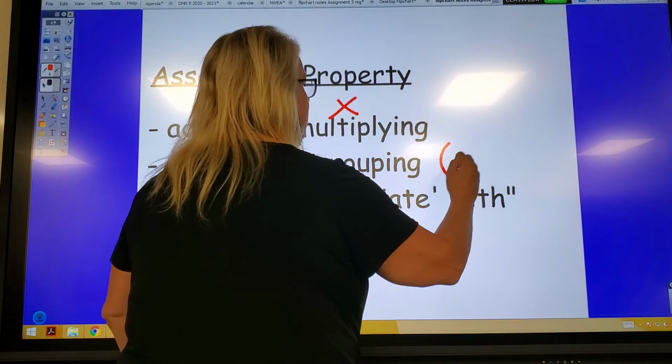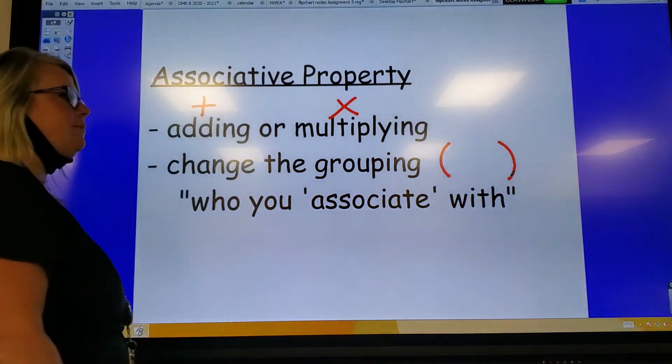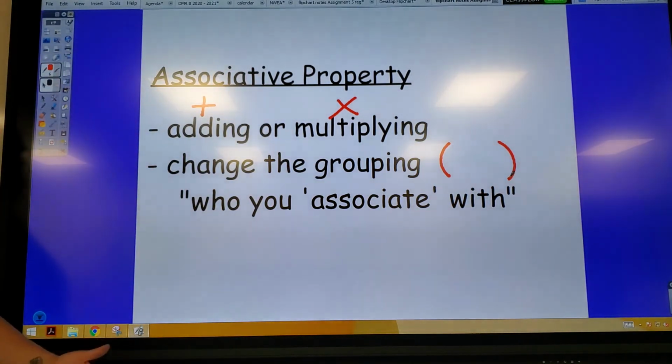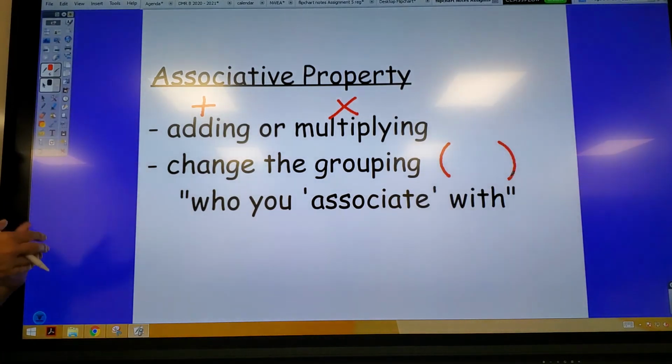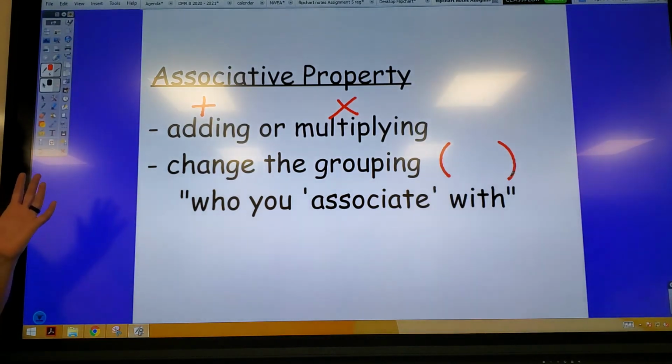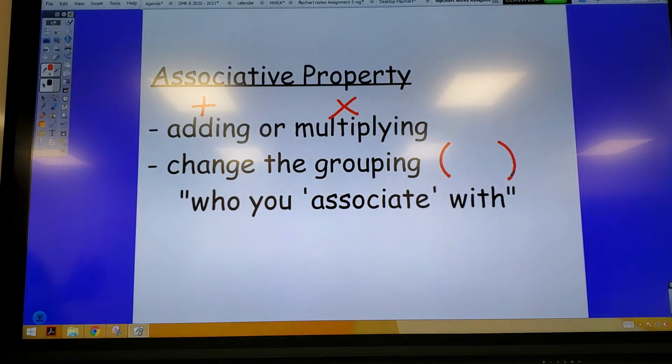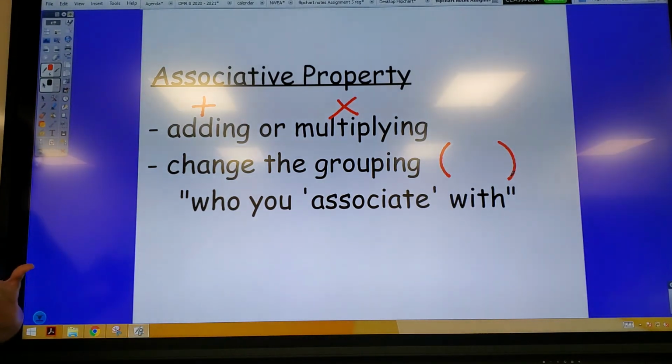And whenever you're talking about grouping in math, you're talking about some type of grouping symbol. And in this case, you're going to be talking about parentheses. Okay? So we're going to be moving the parentheses, not moving the numbers around, only moving the parentheses. And by moving the parentheses, you're basically changing your order of operations.